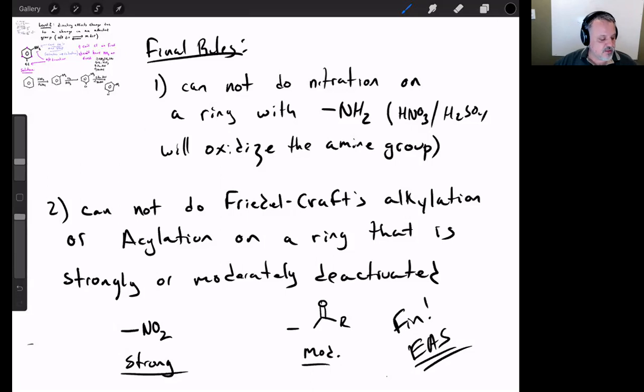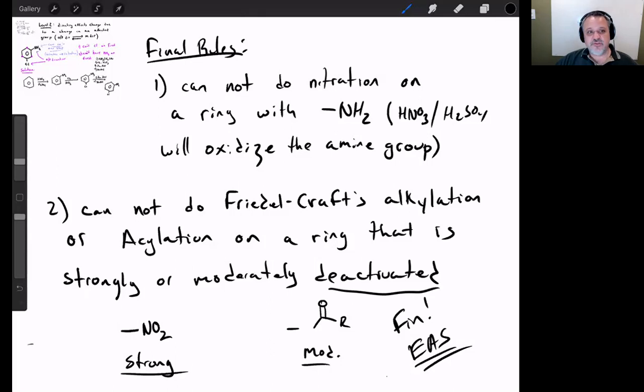You mean installing an acyl group and then reducing it into an R group, which is one of the ways that we use to deal with the possibilities of rearrangement. And so the answer is absolutely, right? Once you've installed that acyl group and you reduce it into an alkyl group, it's no longer moderately deactivating. In fact, now it's activating, even though it's weakly activating. So yes, in that case, you don't have to worry about it.